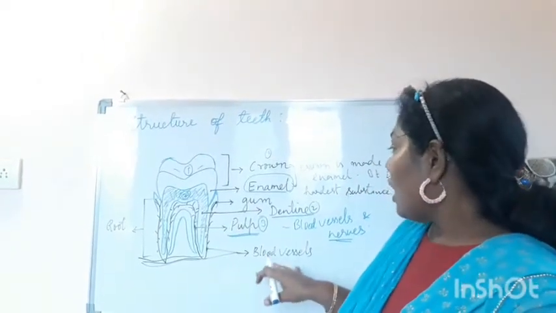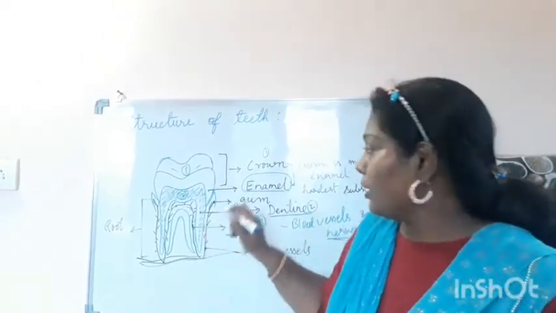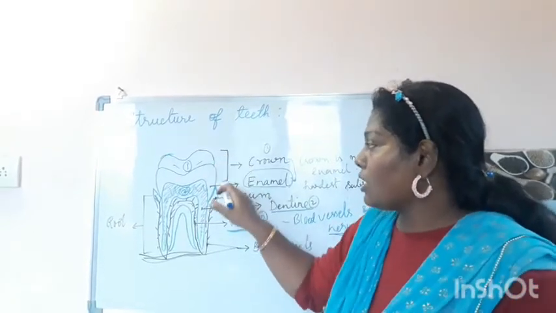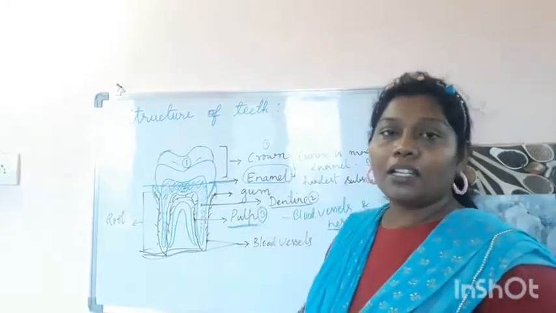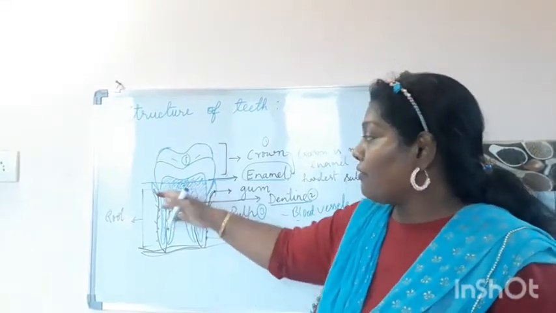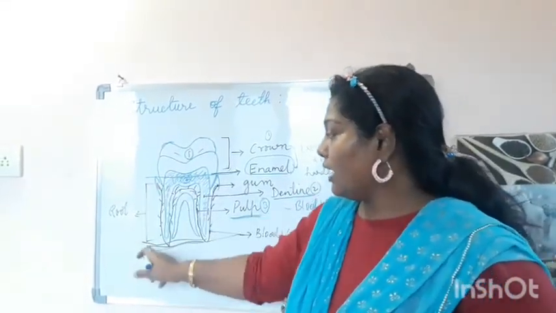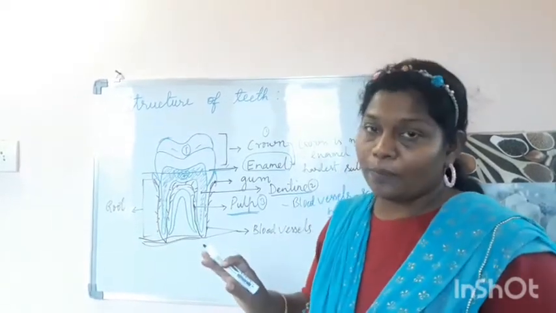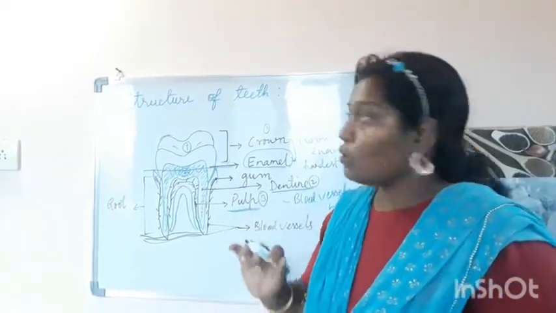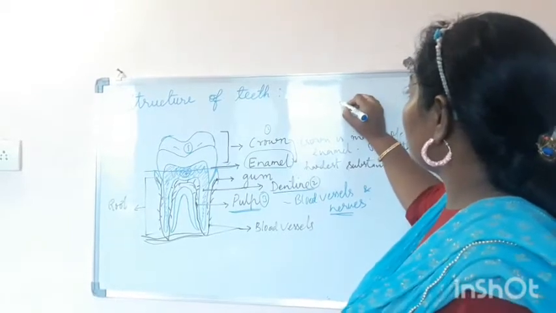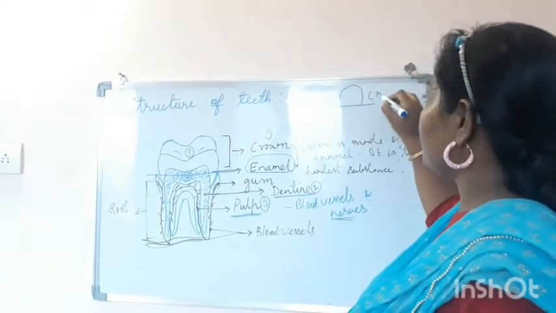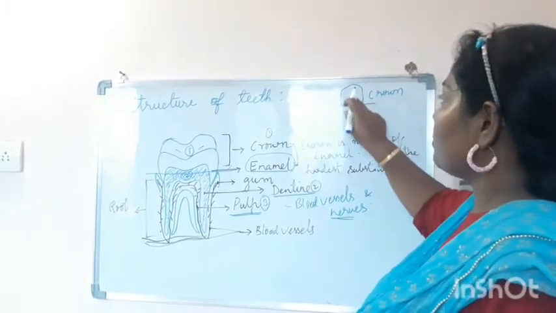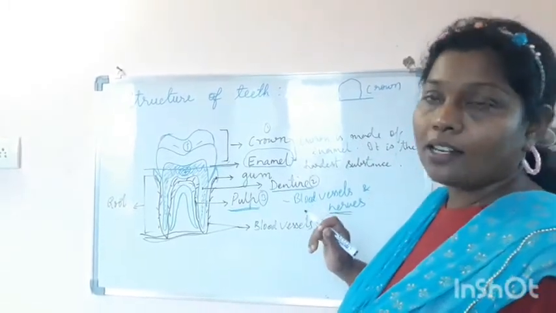Okay. So now, children, as I said, the outer part is called the crown, and below this is the inner part which you cannot see. See, children, if you observe a tooth, I will draw a structure for you. This is the outer part which is called the crown. It is made up of enamel, the white colored structure.